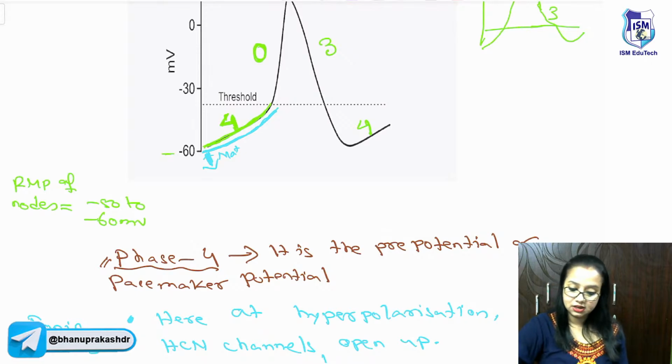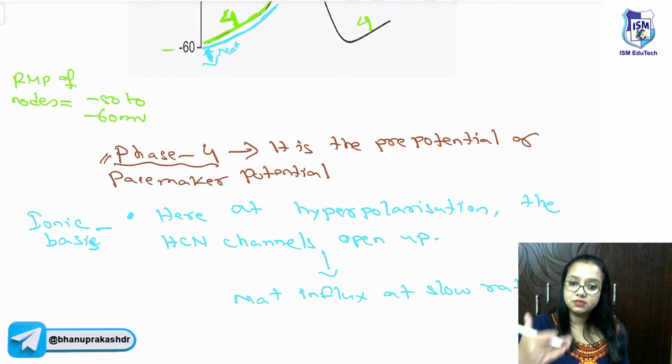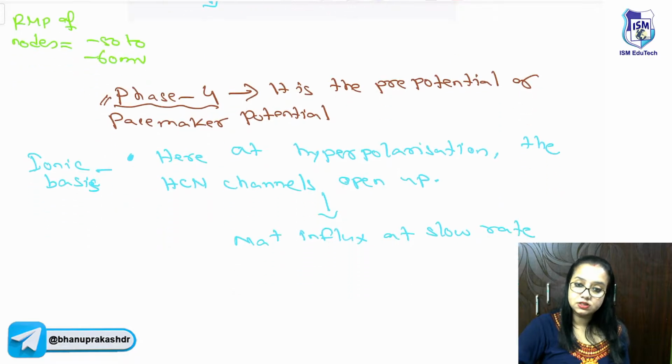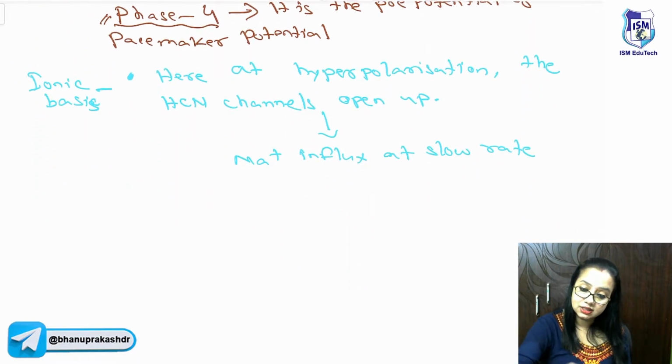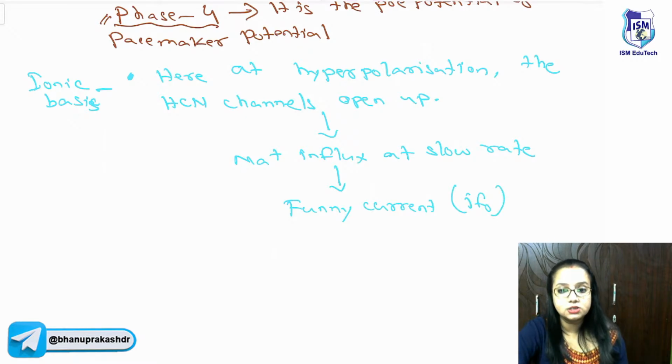This is one reason. Now, whenever any positive charge comes or leaves, it will always cause a change in the current. So sodium influx in stage 4 causes a generation of current which is called the funny current. Okay, it's designated like that. So why is it called funny current?